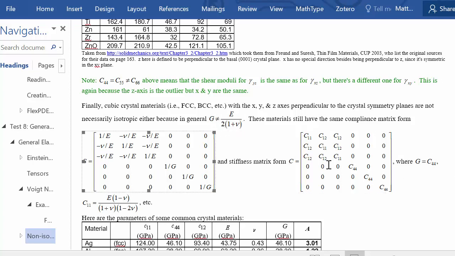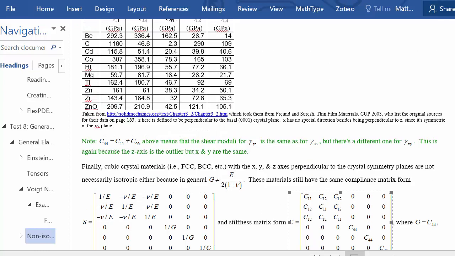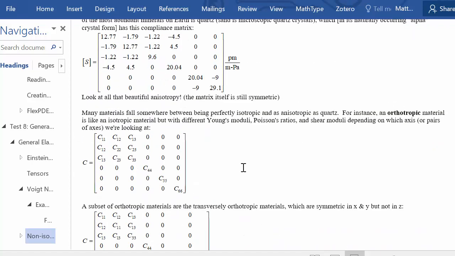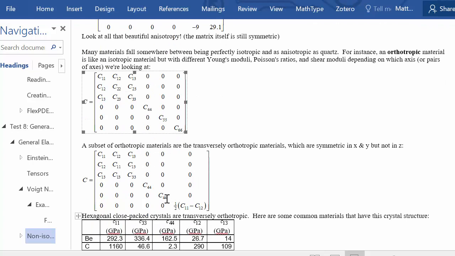Moving on from that, a more anisotropic case would be where this is different in different directions, and that would be orthotropic in general, or transversely orthotropic, which is only different in some of the directions. So like the X and Y are still symmetric, but then the Z ends up being different.